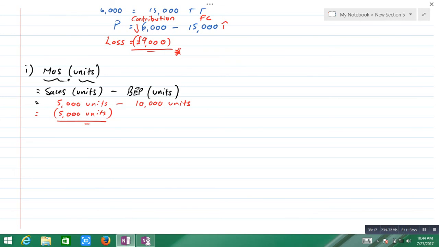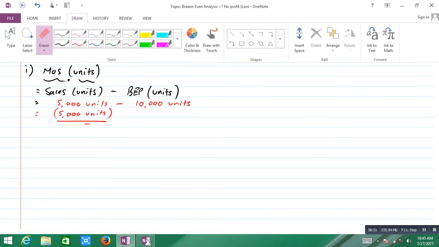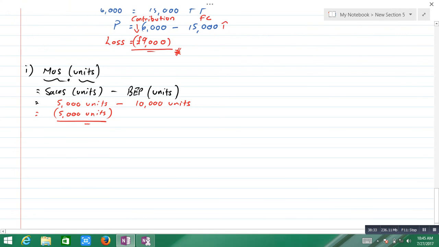That will give you our sales value, minus break-even point value, which is over here, 250,000. Definitely, it will also give us a negative value, negative by 125,000.